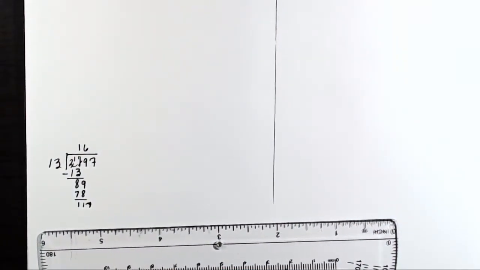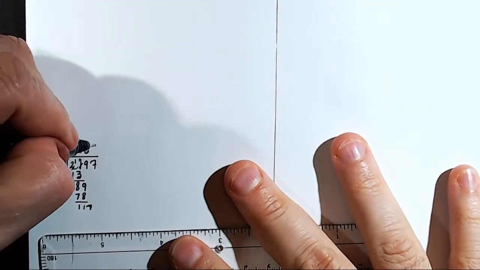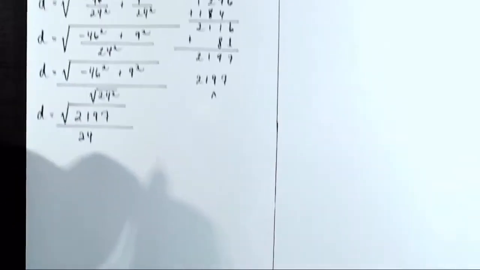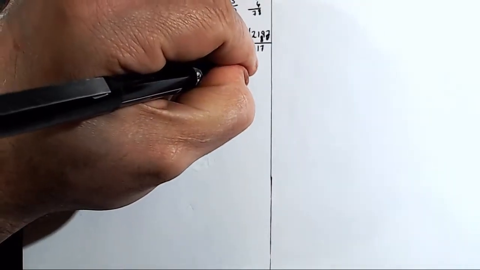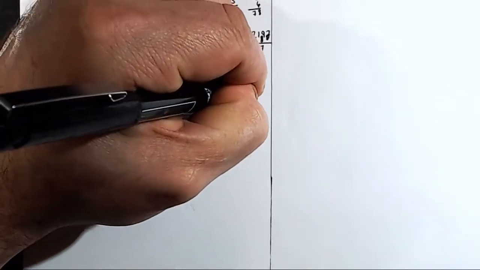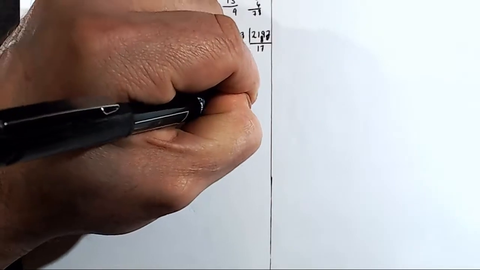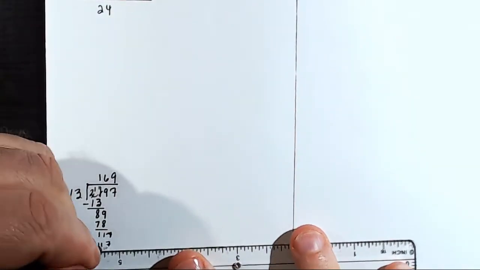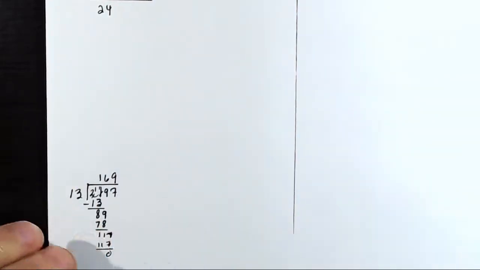So how about 9? Because 3 times 9 is 27. Okay, so this is 13 times 9, 117. Remainder 0. All right.